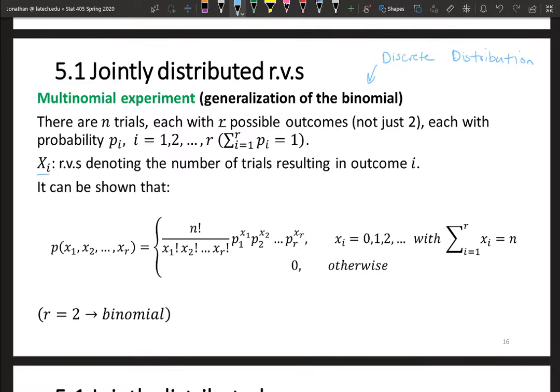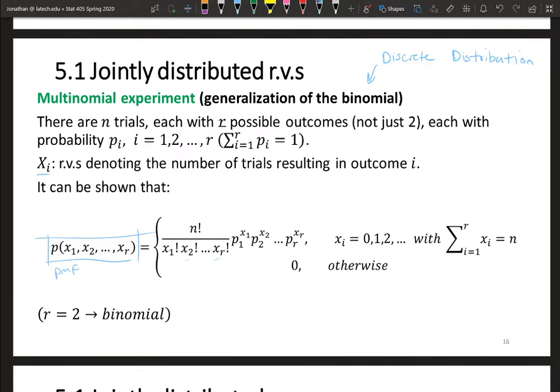So then the PMF. Here's the PMF for the multinomial experiment. It's n factorial over x1 factorial, x2 factorial, xr factorial.